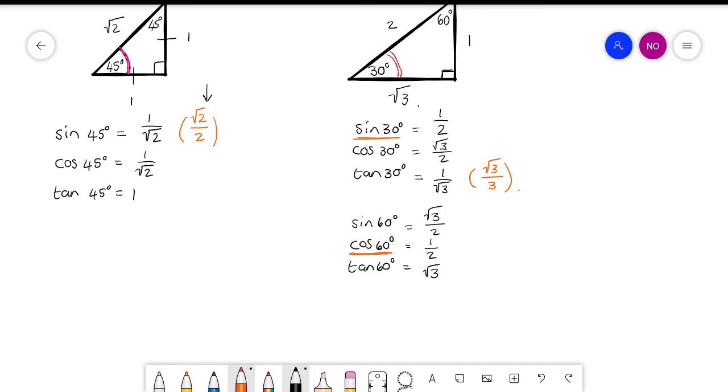Sien julle dis dieselfde, né? Wat hulle is wat van mekaar? Cofuncties. Do you see? Because 30 plus 60 gives you 90. So those two are cofunctions. And do you see exactly the same for sine of 60, cos of 30? You see? Because 30 and 60 gives you 90.